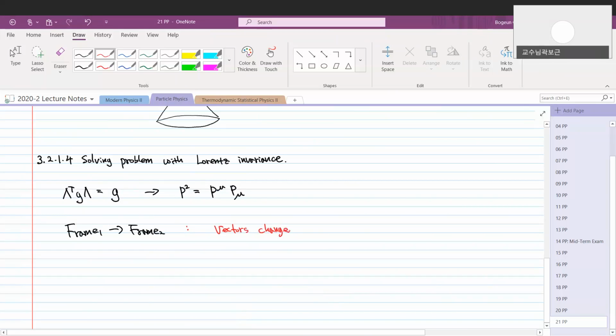Vectors will be changed because they have one or more indices. But a scalar quantity such as p square, the size of the momentum, or some contracted value will not be changed. So they are the same in all frames.